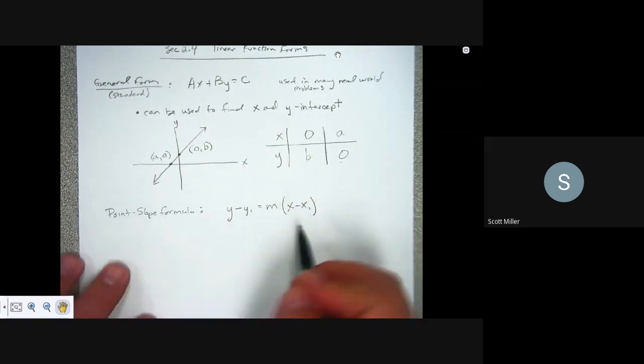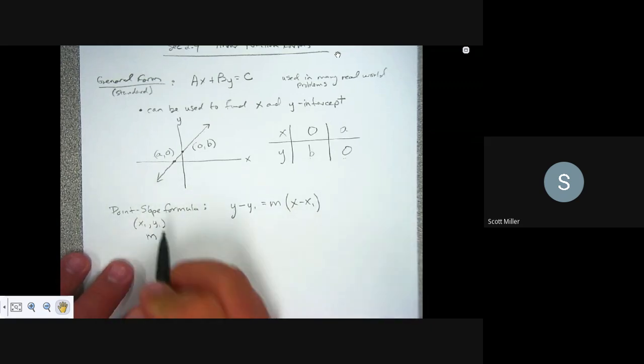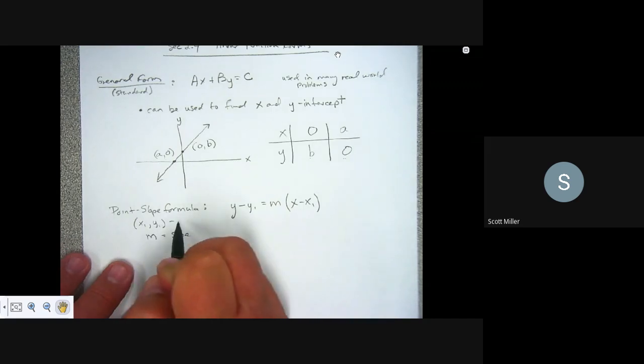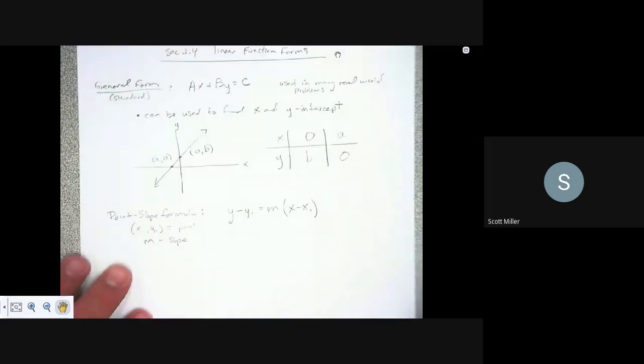Point-slope means I need a point, which they call x1, y1, and a slope, which they use m for. This is the slope, and this is the point. The x and the y in this are the variables. These are the letters that stay in the formula itself. It's the x and the y of the formula.